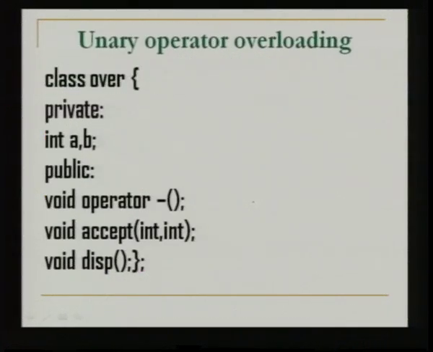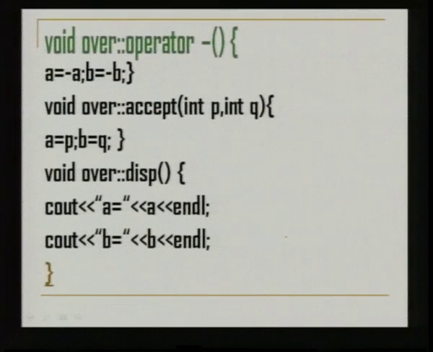So this is the class having two integer members. You are having three functions over here. This is the operator function, this is a member function, this is the display function. So these are the definitions of the functions. You are having the operator function with the symbol, no arguments, that means it is defined inside the class. You know the work of the minus operator, it is to change the sign of the variables.